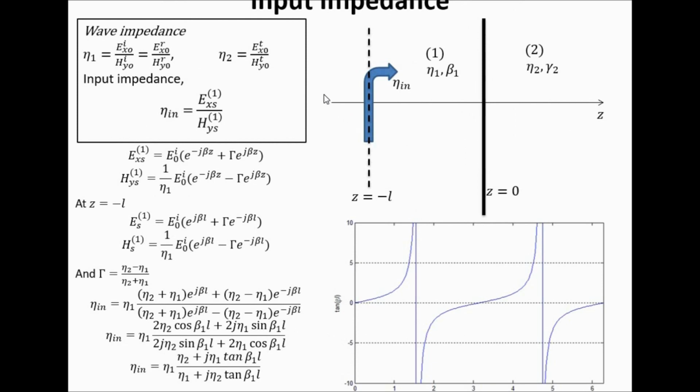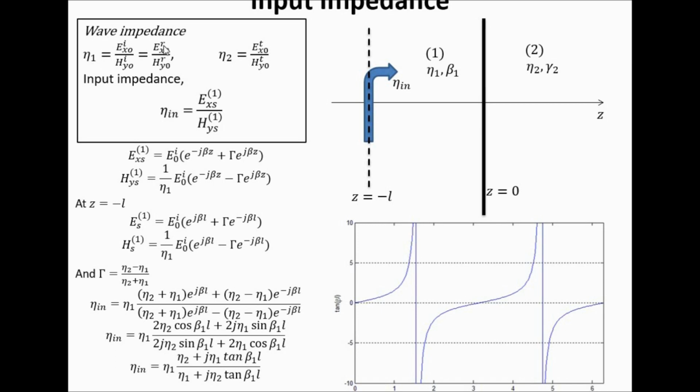So now the input impedance. So we have learned about wave impedance. Now we will be learning about a new type of impedance called the input impedance. And this input impedance is basically measured with respect to the total wave. As you know, the incident electric field over incident magnetic field gives you the wave impedance eta 1.